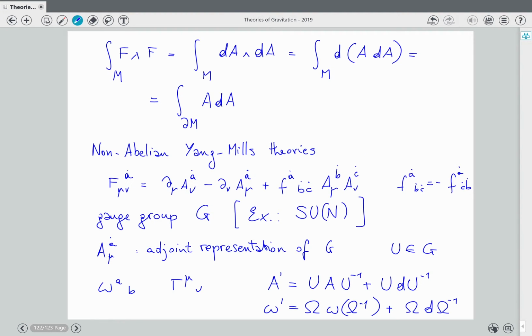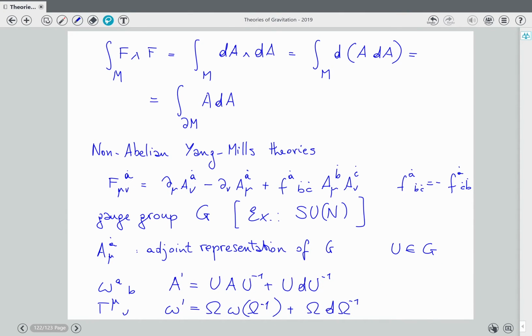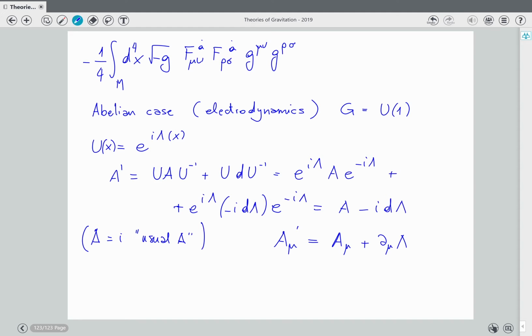And of course, the gauge transformation of F, as the gauge transformation of the curvature, is just like the transformation of R. Okay, this is just to mention these things, but it's not really what we deal with in this course.